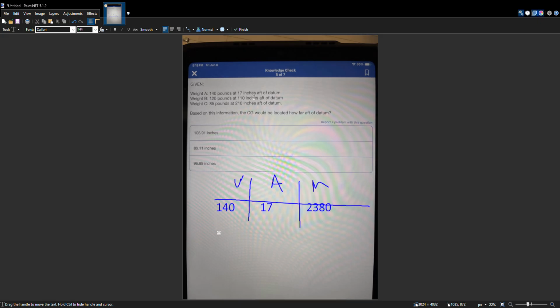Then we have 120 times 110, which is equal to 13200. All right. And then we have 85 times 210. Let's get that real quick.